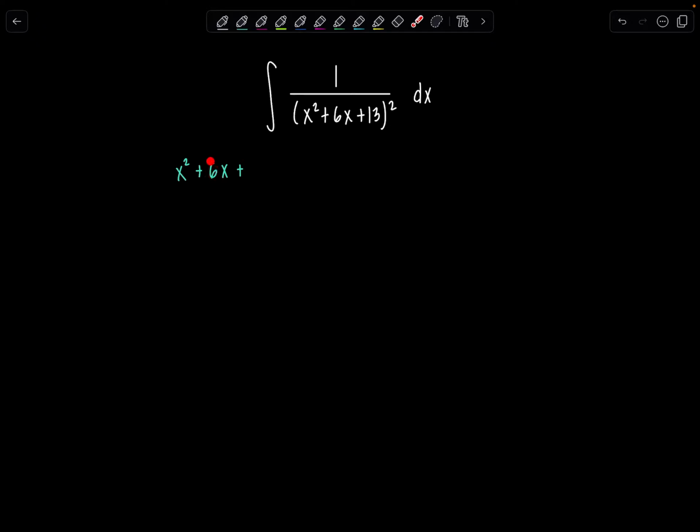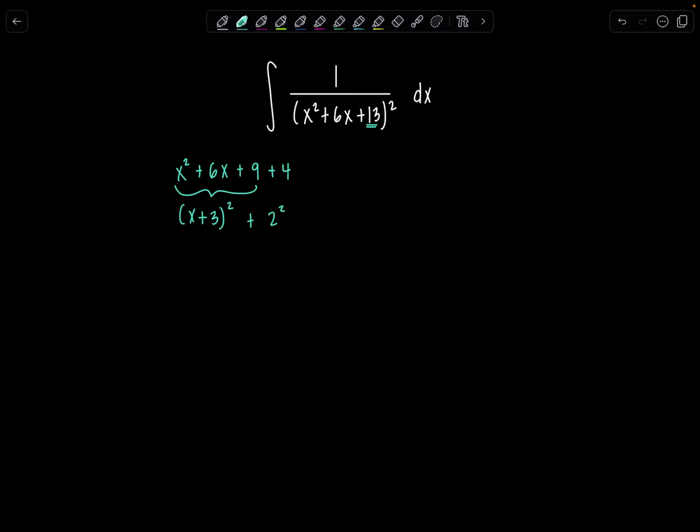So you take this coefficient, you cut it in half, and then you square it. And I'm just gonna steal 9 from the 13. And so I'm just going to rewrite my 13 as 9 plus 4. Do you see? Good. What that lets me do now is write this as the quantity x plus 3 squared plus, and then 4 is just 2 squared, isn't it?